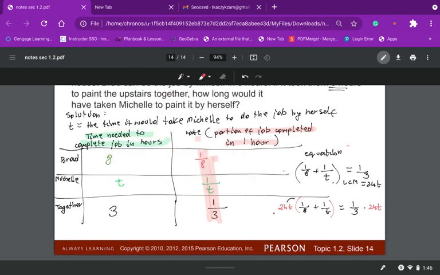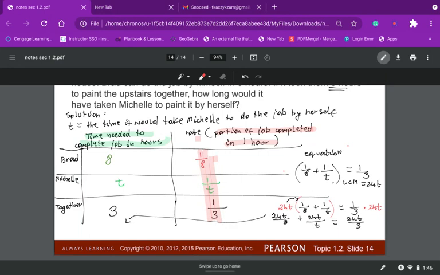So now I'm going to distribute 24t times 1 over 8. So this is 24t divided by 8 plus 24t times 1 over t. That will give you 24t divided by t equal 24t times 1/3. So this is just 24t divided by 3. I don't have a space to solve it, so I have to squeeze it right here.